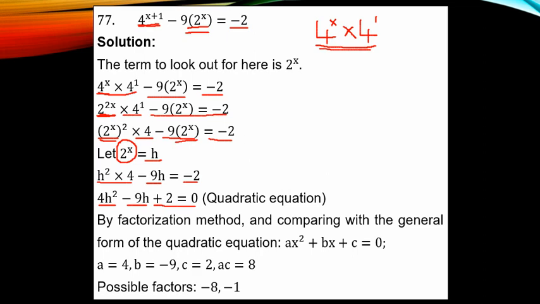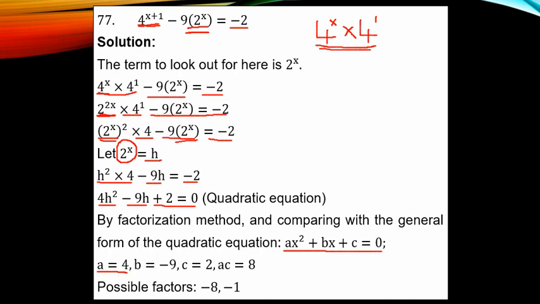So we want to solve it by the method of factorization. In doing that, we have to compare the resulting equation with the general quadratic equation of ax squared plus bx plus c. So we are taking x squared as h squared now, so that we have agreement between the variables. If you compare it like that, you will see that a is equal to 4.